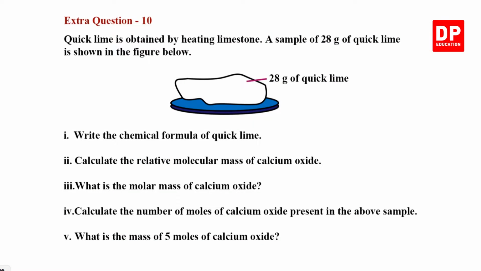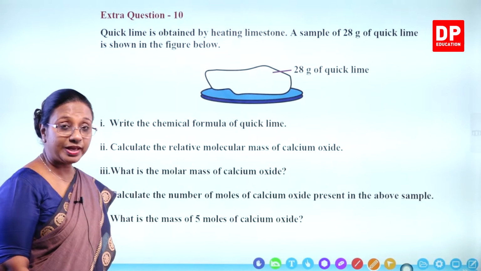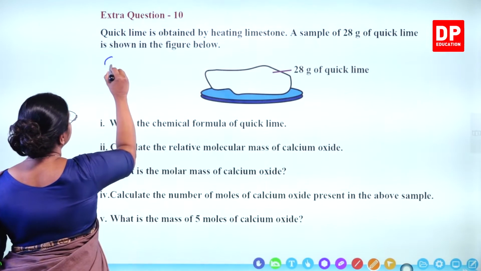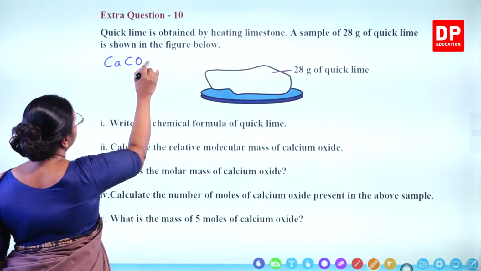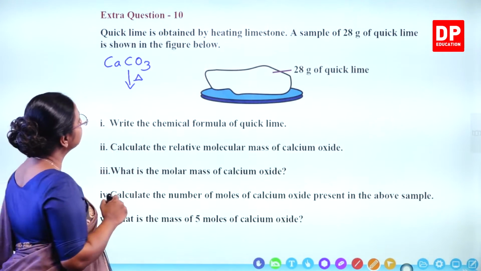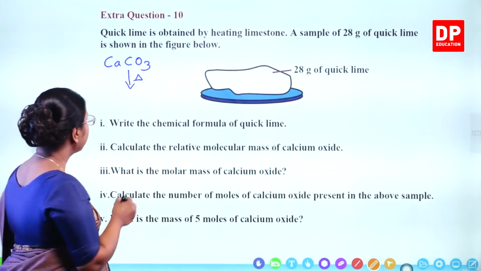Extra question 10. Quicklime is obtained by heating limestone. Do you know the chemical formula of quicklime and limestone? You know limestone is calcium carbonate. So when you heat, now this delta symbol, the triangle symbol, is for heat. What will you get?